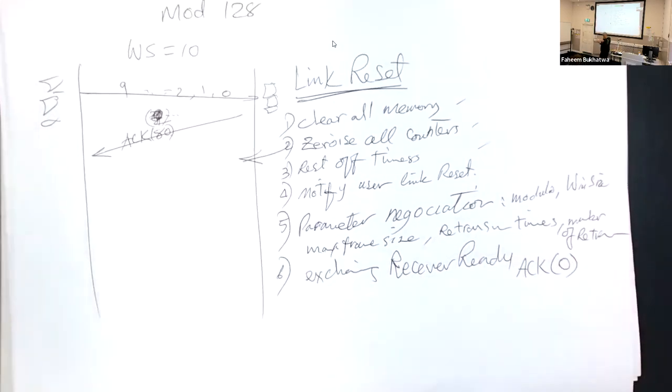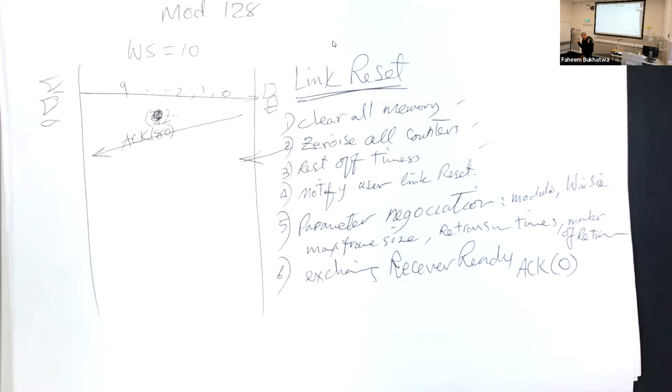Once we agree on all these numbers and clear our memory, we want to start again, we must send each other acknowledgement 0. What does acknowledgement 0 mean? It means everything before 0 is received. It means the next frame I expect to receive from you is number 0.